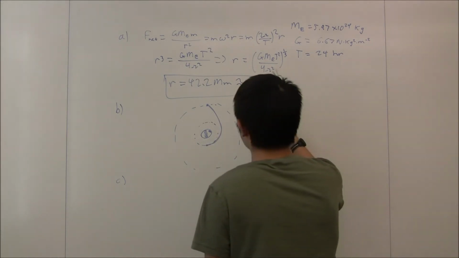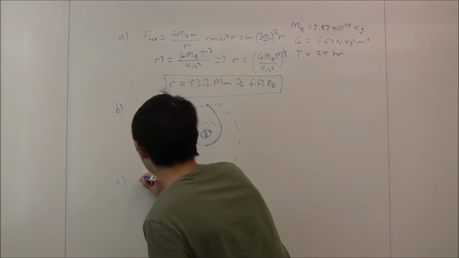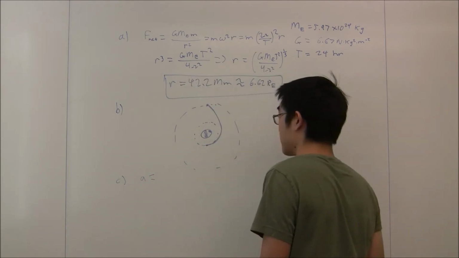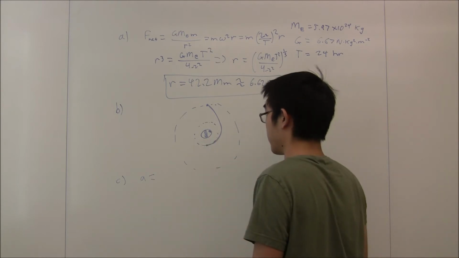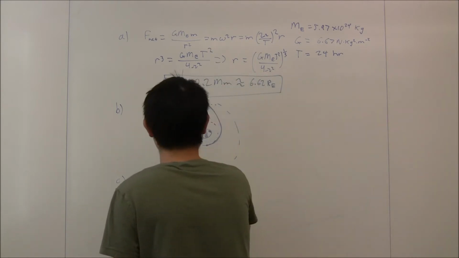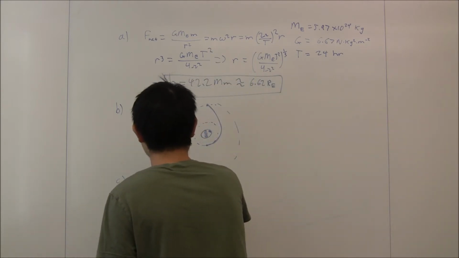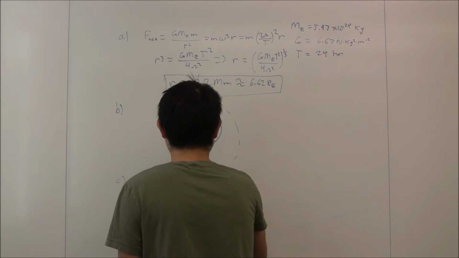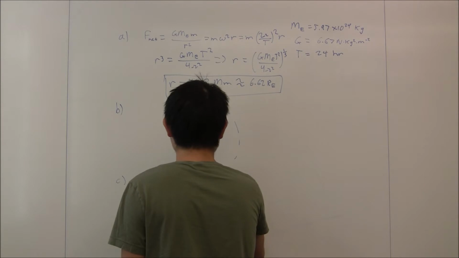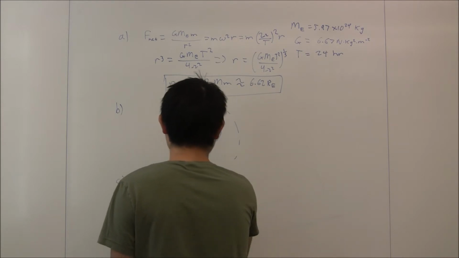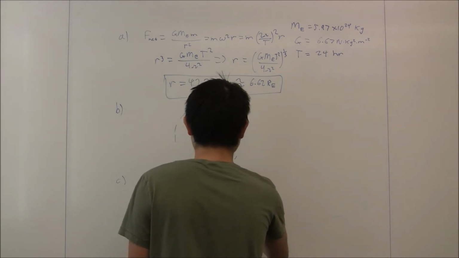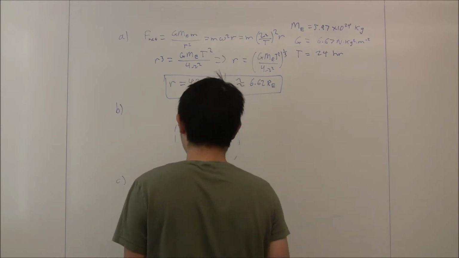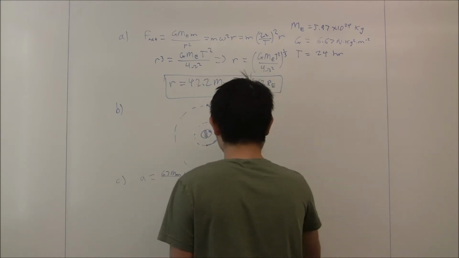So let's call that A. So that's going to be the average of the two orbital radii, which is going to be 6.7 megameters plus 42.2 megameters, all divided by 2, which comes out to be 24.5 megameters.